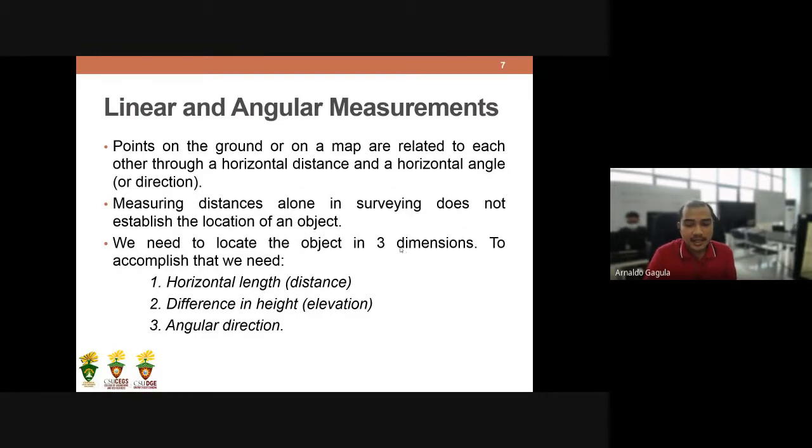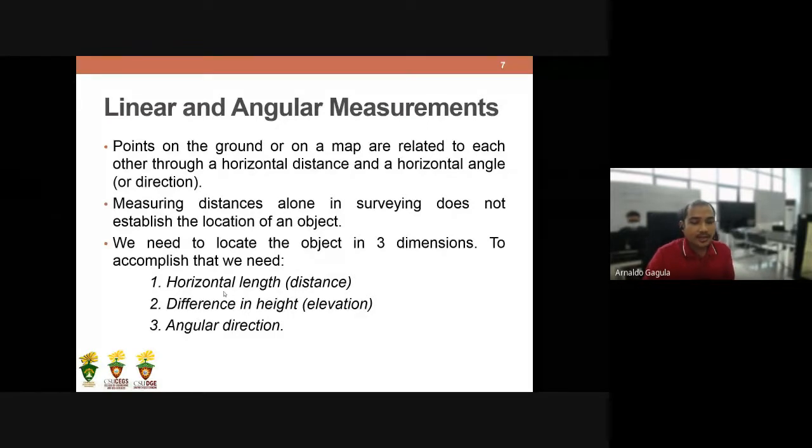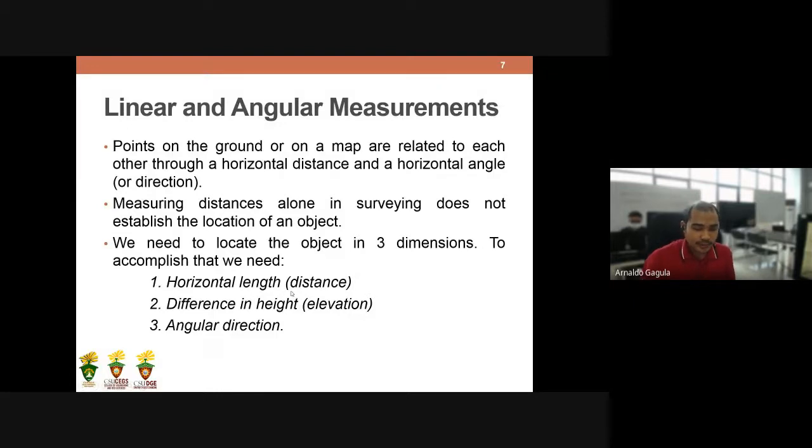So naa siya X, Y, and Z. To accomplish that, we need these 3 data: the horizontal length or the distance between the 2 points, the difference in height or the difference in elevation, and the angular or the direction aspect of those 2 points.